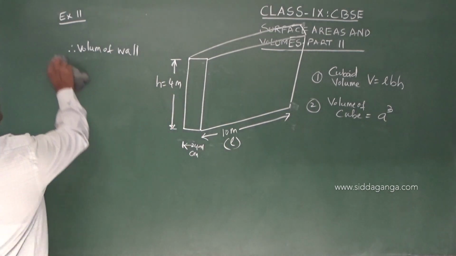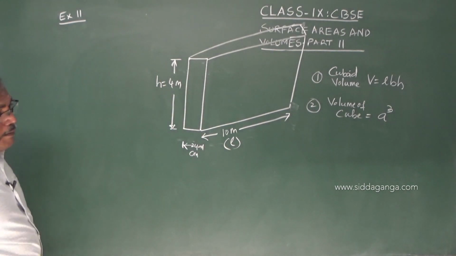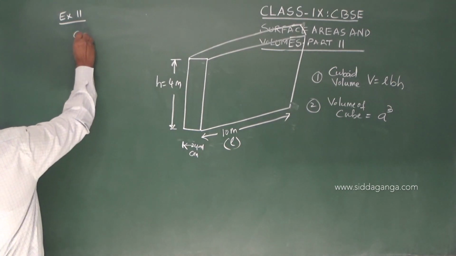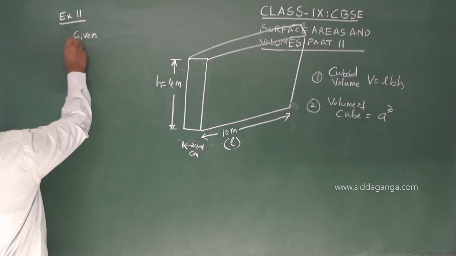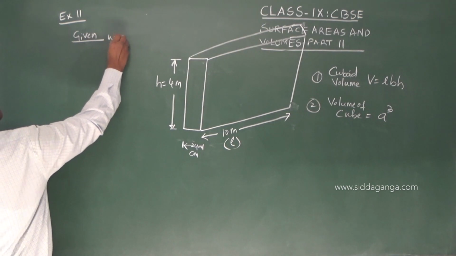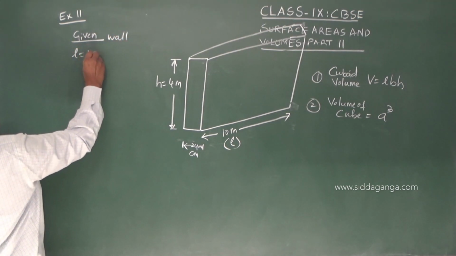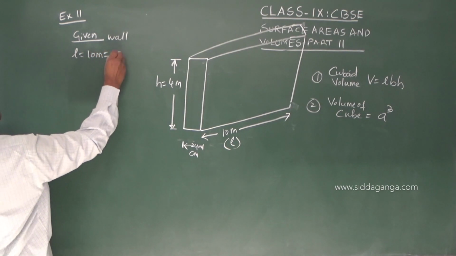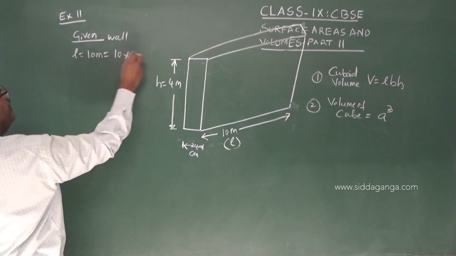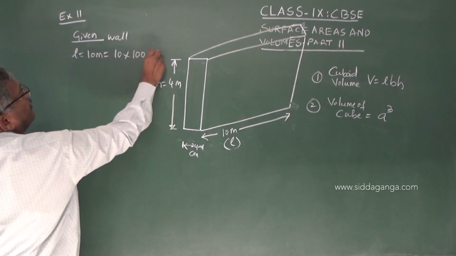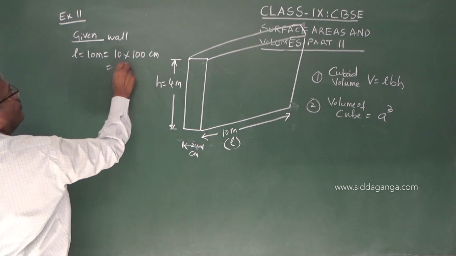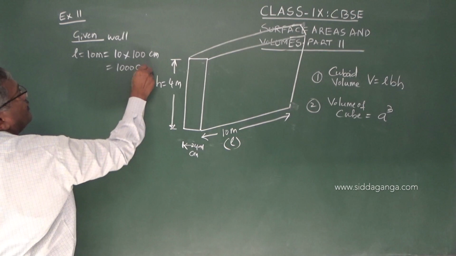So, I will write here, given wall L equals 10 meter equals 10 into 100 centimeter. So, that is equal to 1000 centimeter.